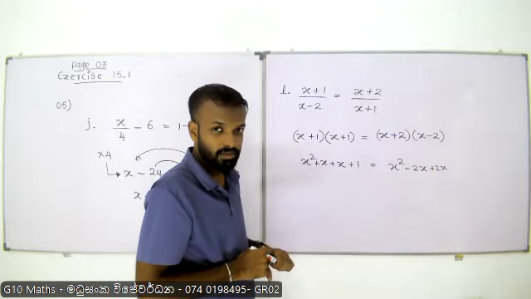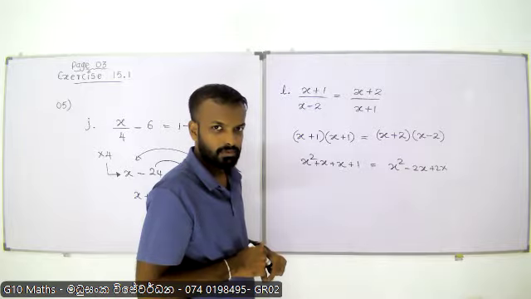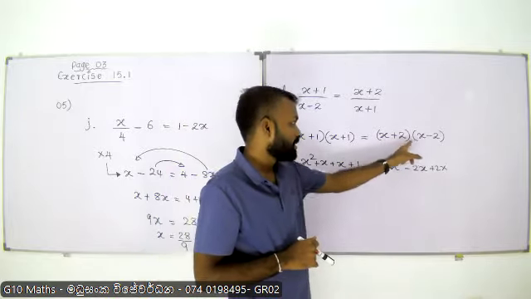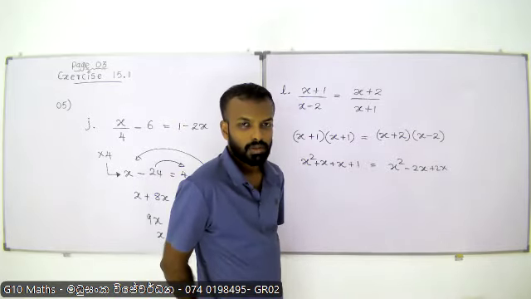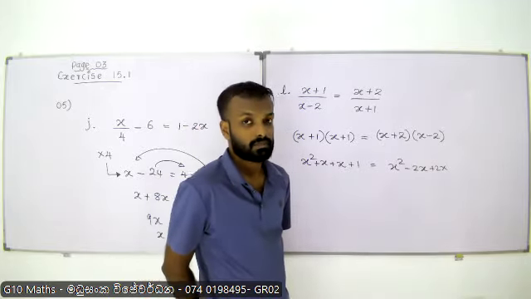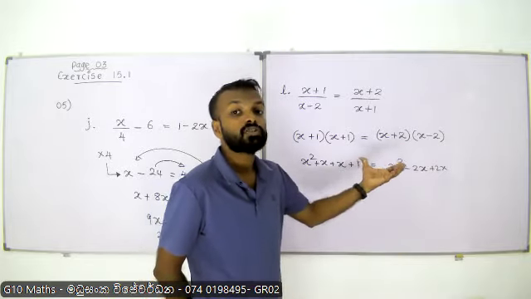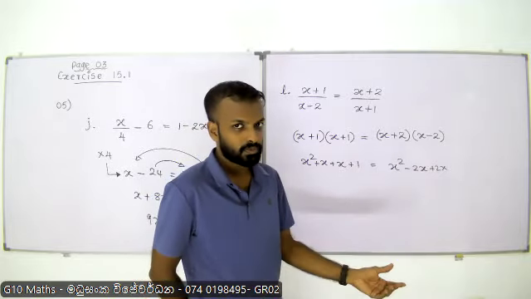Is that okay? You need to notice something when you see something like this: x plus 2, x minus 2. You can write down the answer at once. It is the reverse mode of the difference of two squares: a to the power 2 minus b to the power 2 is a minus b, a plus b.